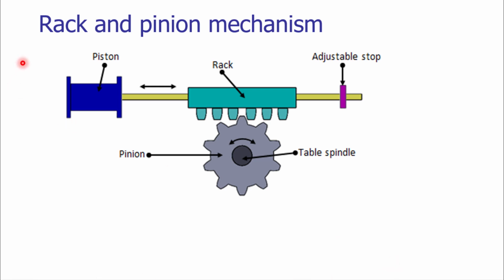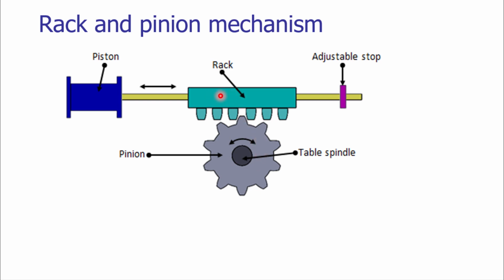Right, so on your screen you can see there is a rack. A rack is a device which has teeth, and there is a pinion. Pinion is nothing but a gear. This gear has external teeth.